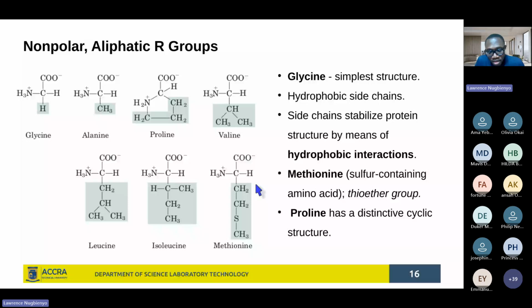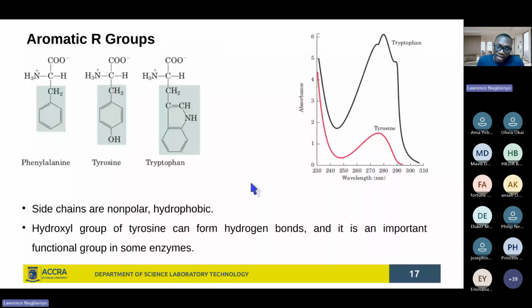Right. Then we move to the amino acids with aromatic side chains. You see clearly the aromatic side chains are ring structures on their own. They are not forming a cyclic structure with, say, the amine group or carboxylic acid group, as we saw with proline.